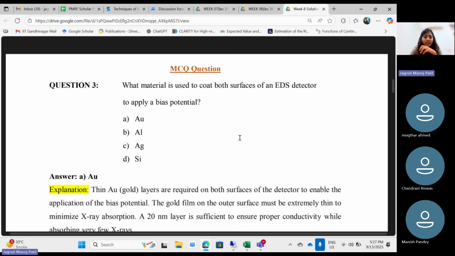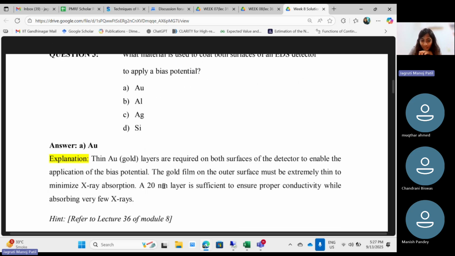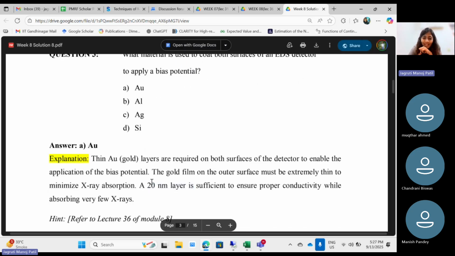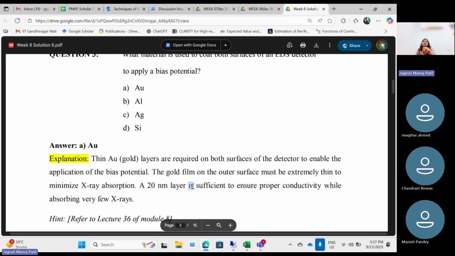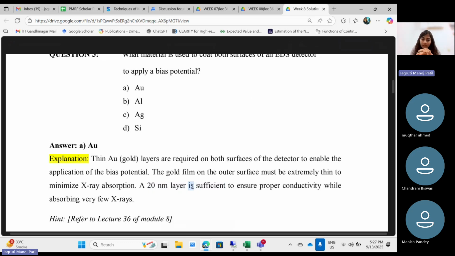That particular layer thickness is always default. Here they have written a 20 nanometer layer. I don't think you get that specific, but the system that we have in our institute has a timer-based system. Based on this particular time, the system would coat accordingly so that you get enough conductivity from there. Okay.